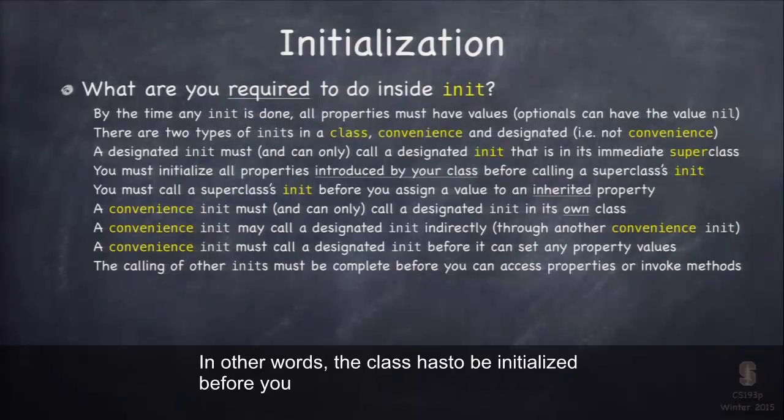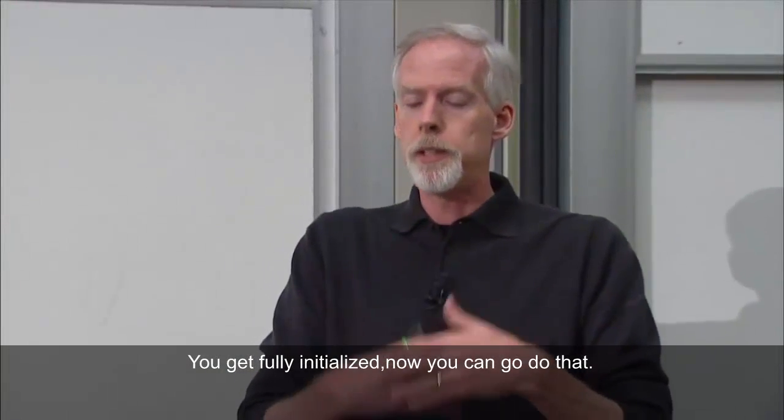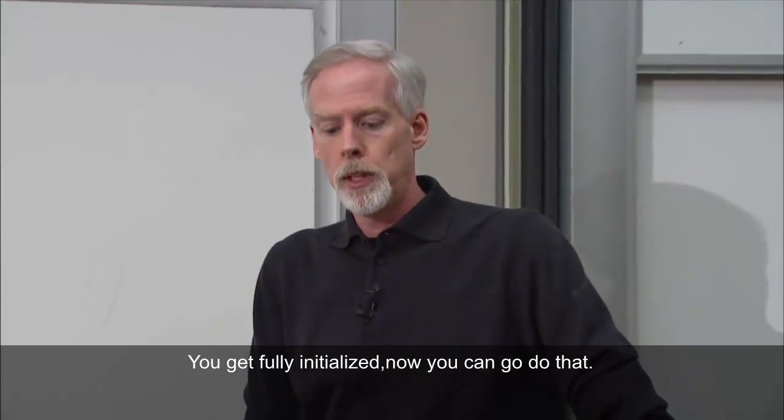In other words, the class has to be initialized before you can start calling methods and properties. That's why we have to use lazy if we want a property to set its value by calling a method, because we can't do it non-lazily because we wouldn't be initialized at that time. We'd still be in the process of initializing. It's kind of a two-phase initialization. You get fully initialized, now you can go do that.